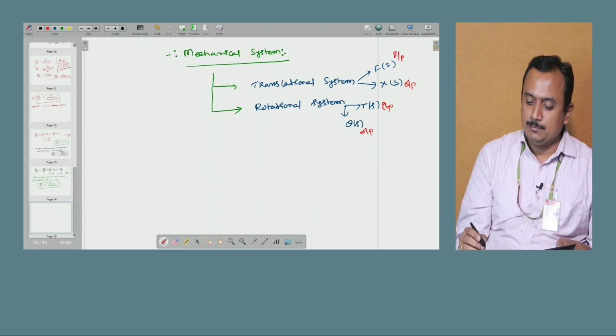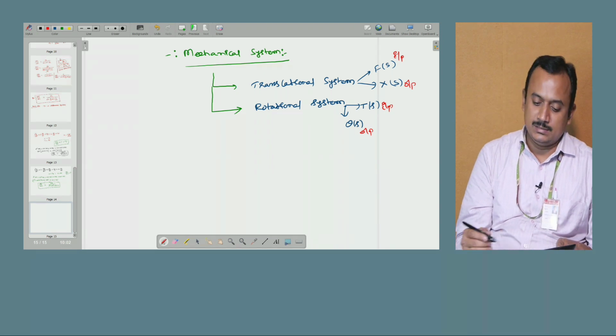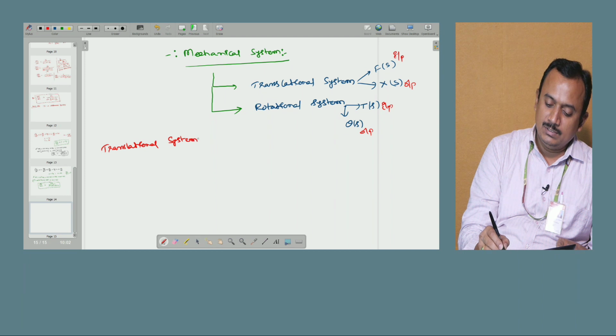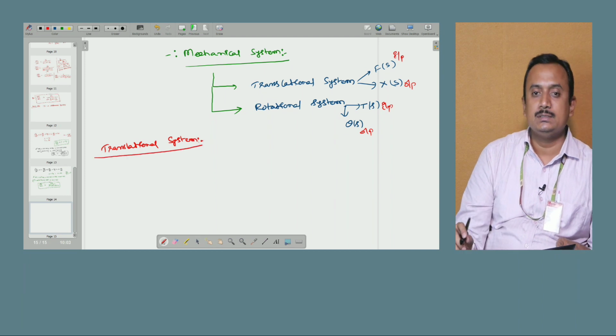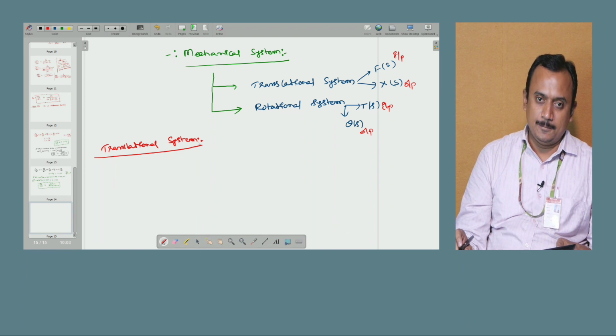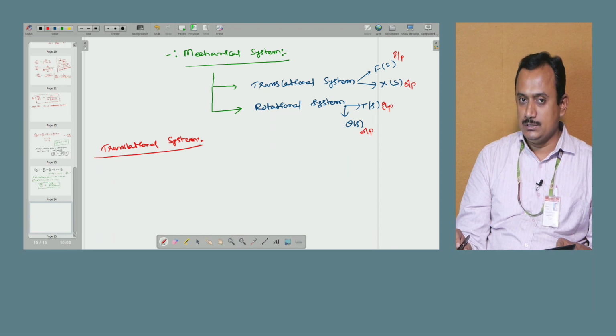Before I start explaining about finding the transfer function of a translational system, first let us see what are the various elements present in this translational system. Exactly it is similar to finding the transfer function of a given electrical system.